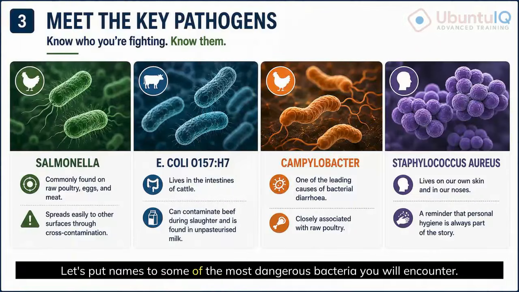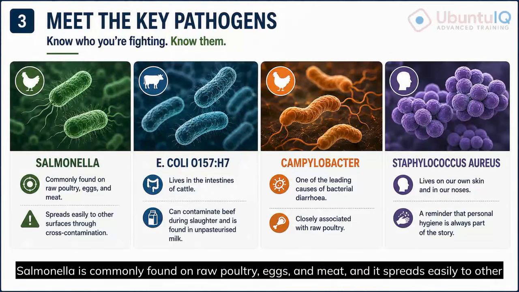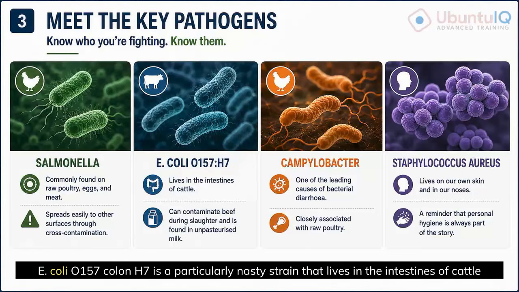Let's put names to some of the most dangerous bacteria you will encounter. Salmonella is commonly found on raw poultry, eggs, and meat, and it spreads easily to other surfaces through cross-contamination. E. coli O157:H7 is a particularly nasty strain that lives in the intestines of cattle and can contaminate beef during slaughter.